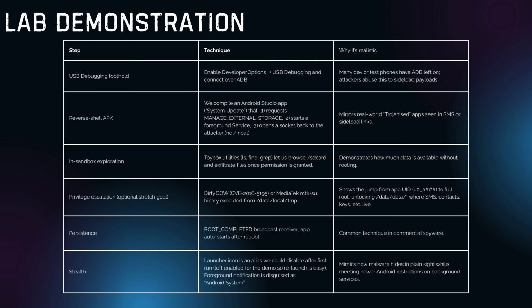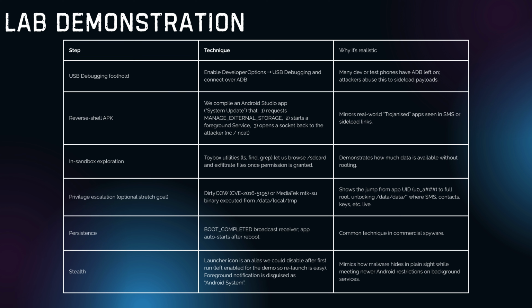So we're using a USB debugging foothold, enabling developer options with USB debugging and connecting over ADB, our ADB bridge. If you're using a test device or somebody has left your phone in USB debugging mode, you're able to just sideload payloads that way.